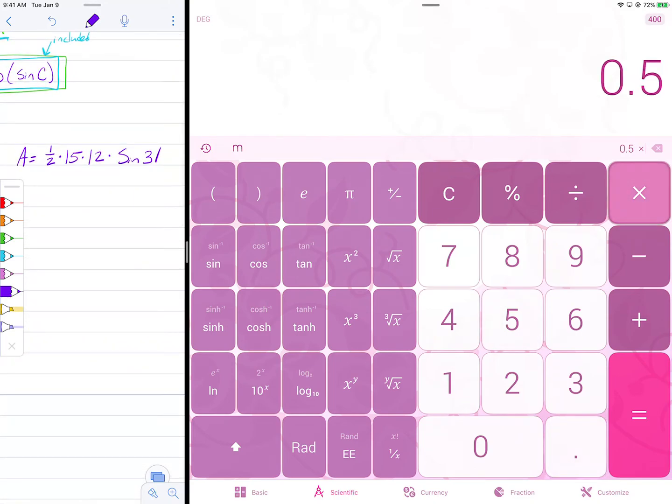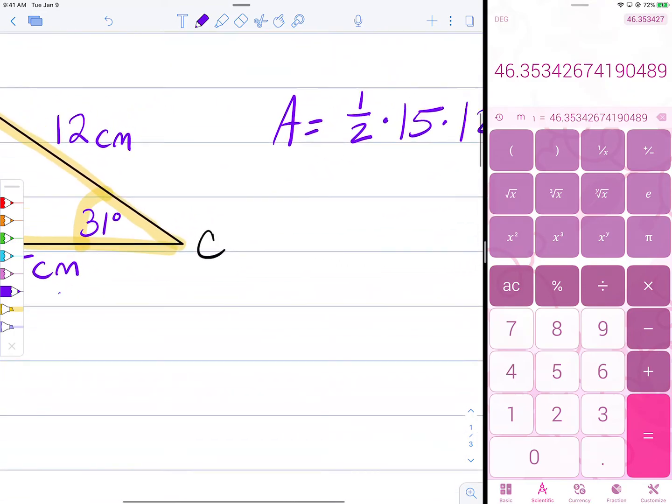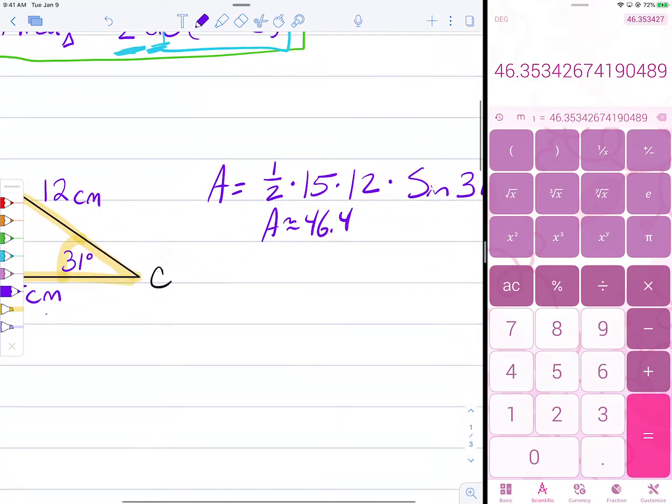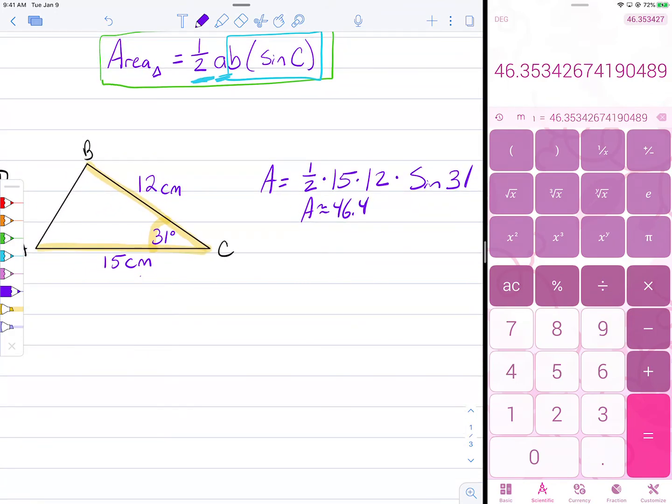So 0.5 times 15 times 12 times the sine of 31. So I'm going to go 31 sine, and then I'm going to hit equals, and we have an area of about 46.4. And we have found the area just given two sides and the included angle.